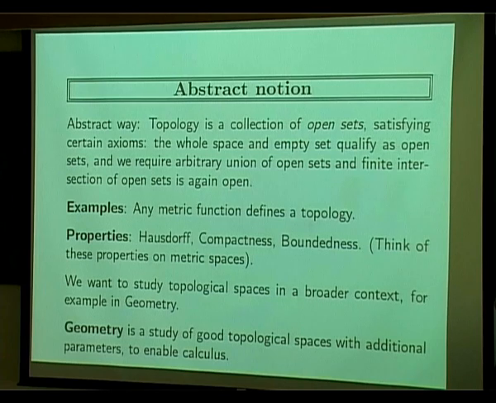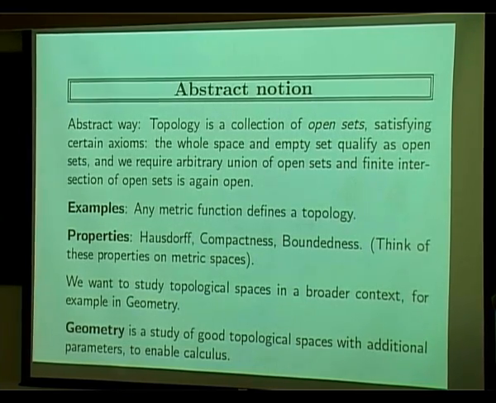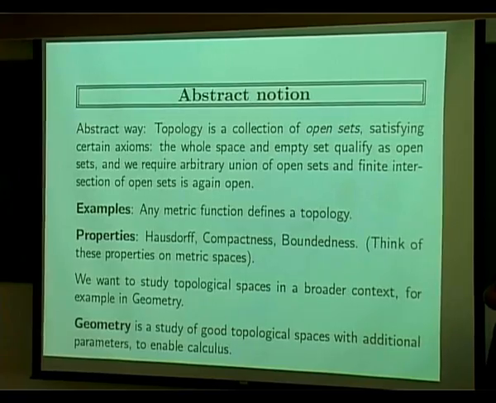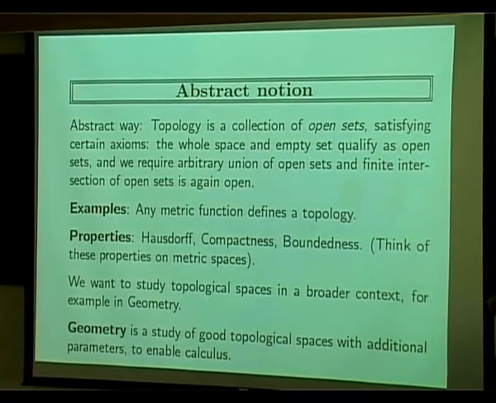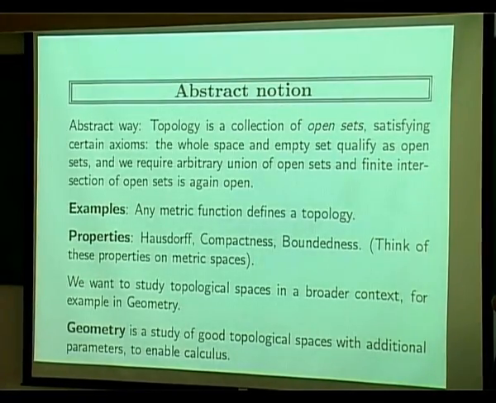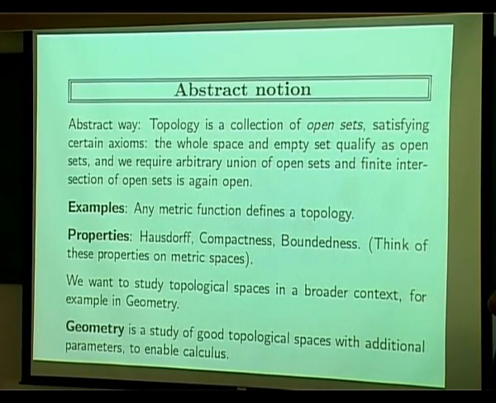The broader context would be one which has applications in other subjects, mainly in geometry. So this is actually a study of good topological spaces. I would say what we mean by good topological spaces. For example, you can keep in mind the usual Euclidean n-space, which is a good topological space, with additional parameters to enable calculus.